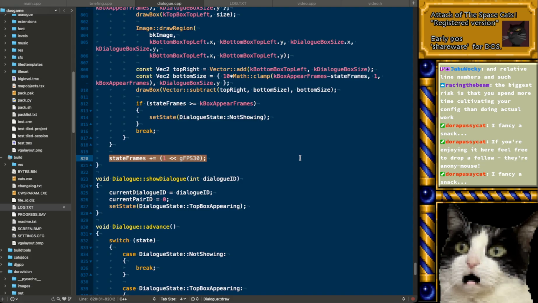So the set state, you'd have to return after the set state to prevent the frame incrementing.